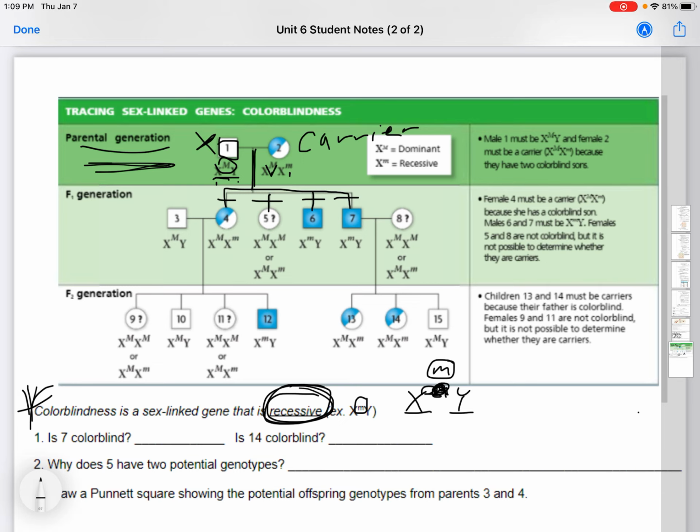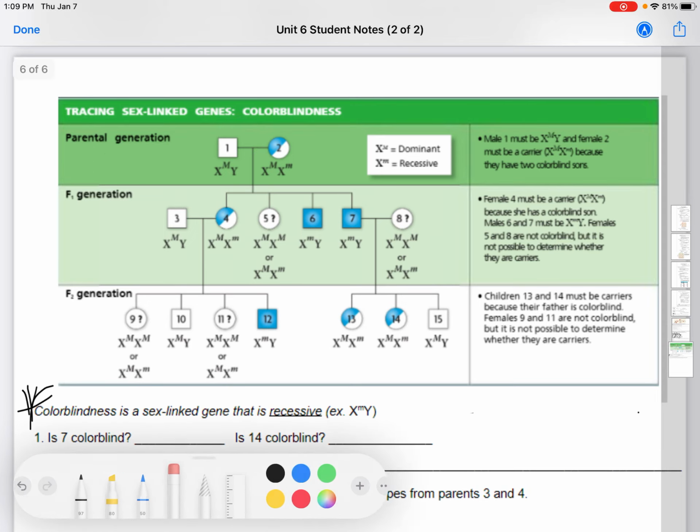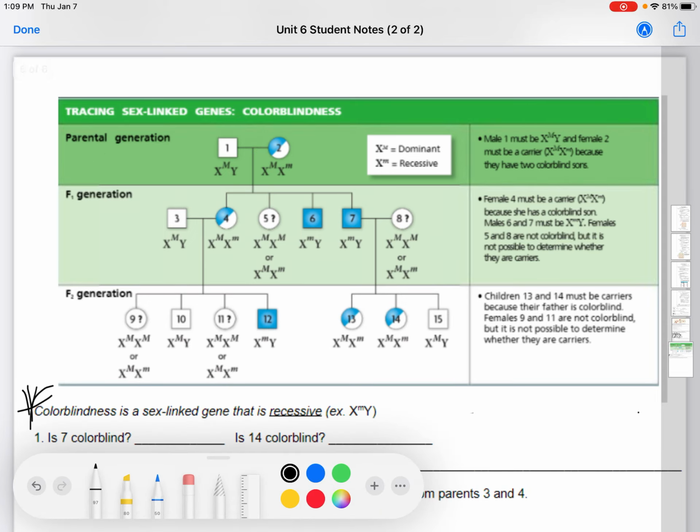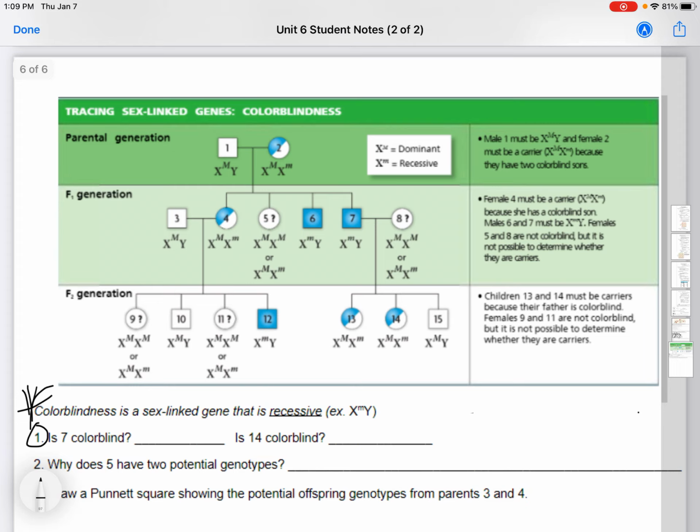All right, so looking at this chart, let's glance at a couple things. Going down to our questions down here. It says, is number 7 colorblind? We come to number 7 here. Are they? Yeah, they are, because they are shaded in. Remember, it's easy as that. How about 14? Is 14 colorblind?